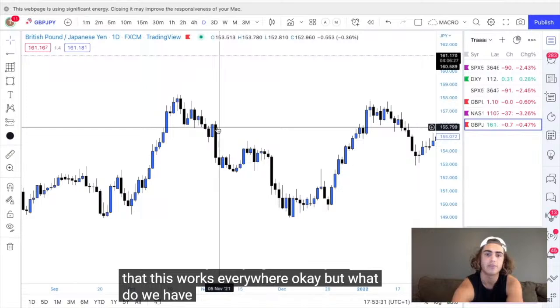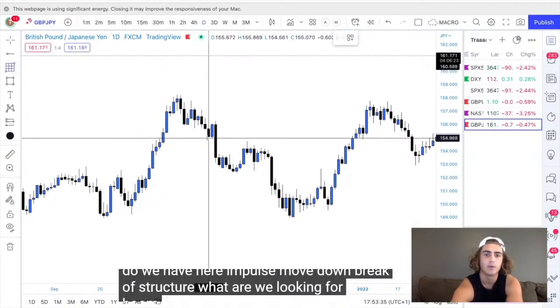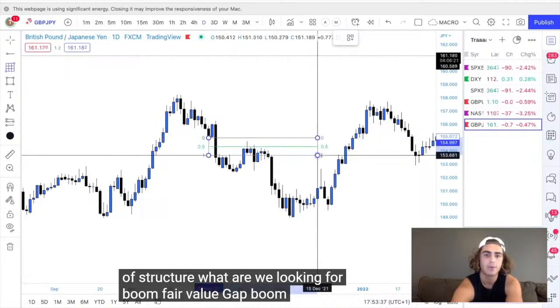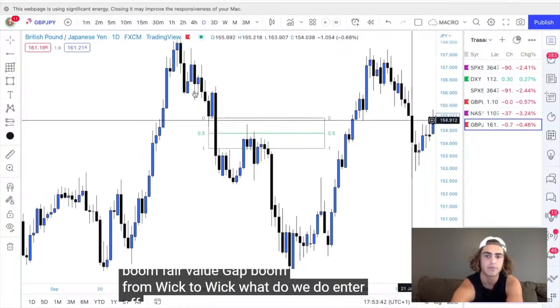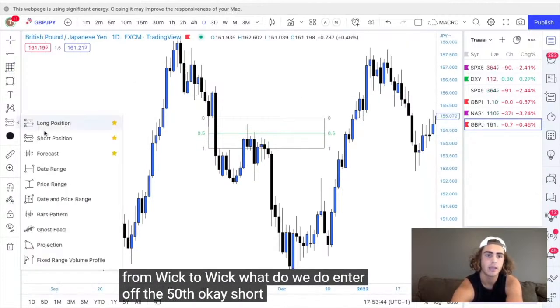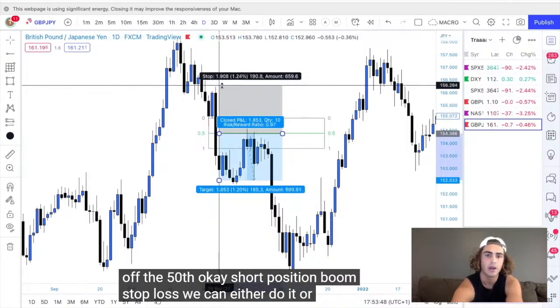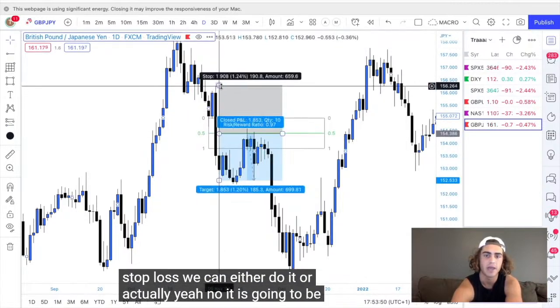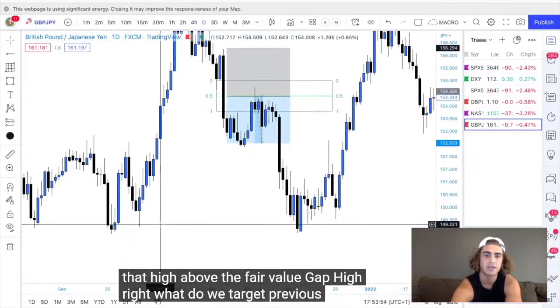Okay, but what do we have here? Impulse move down, break of structure. What are we looking for? Boom, fair value gap, from wick to wick. What do we do? Enter off the 50, okay? Short position. Stop loss, it is going to be above that high, above the fair value gap high, right? What do we target? Previous areas of liquidity.